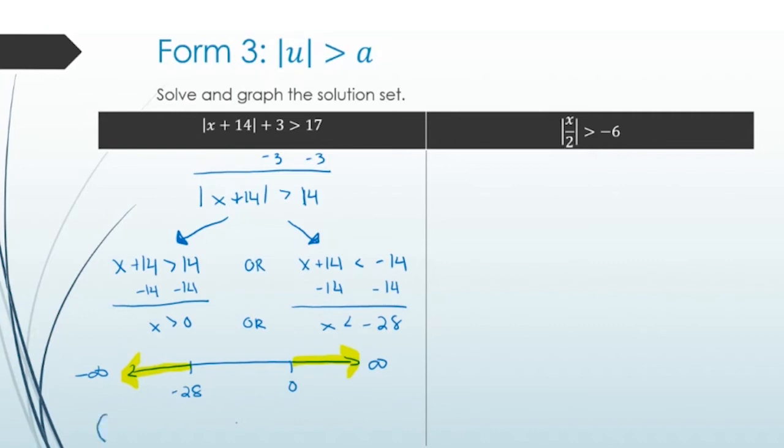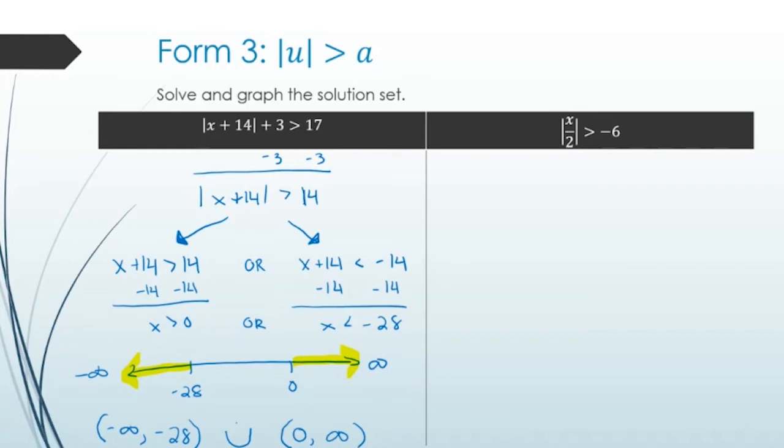On the left, my left endpoint is negative infinity, comma, negative 28, and then I have a parenthesis because it's a greater than, not a greater than or equal to. And then I have a gap, so I connect those with the union symbol, which is a big U. And then my next endpoint is at 0, which is not included, and that goes to infinity, which also has parentheses.